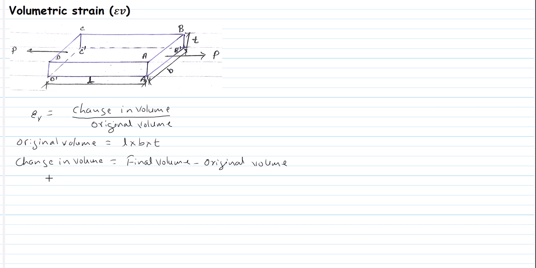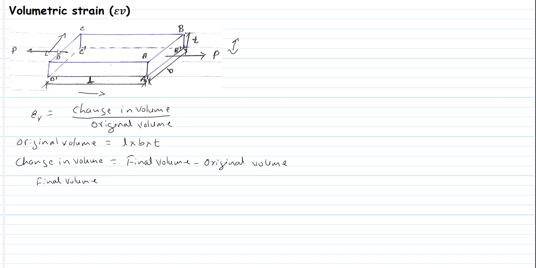So now I need to know what is final volume. When this load is applied on this body, it is going to change its shape. The shape is changed in the length direction, in the thickness direction, and in the width direction, right?